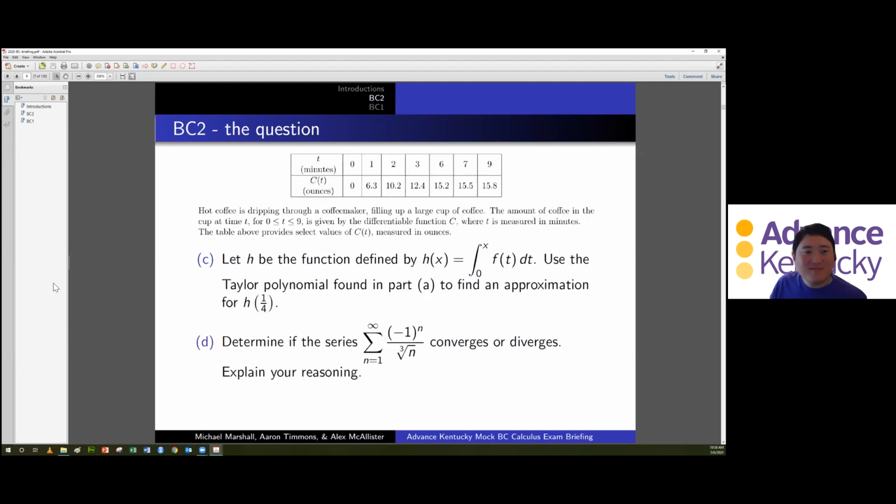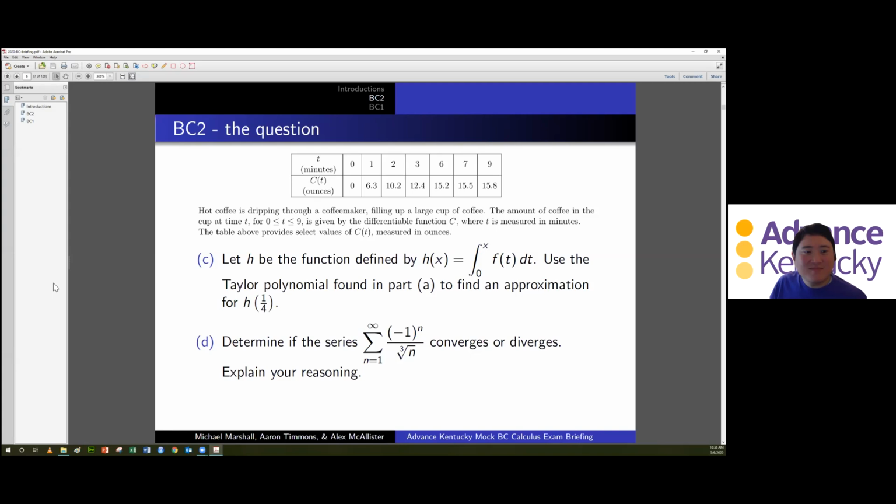In part C, we define the third function, h of x equal to the integral from 1 to x of f of t dt, and then use that Taylor polynomial to approximate this new function h at 1/4.